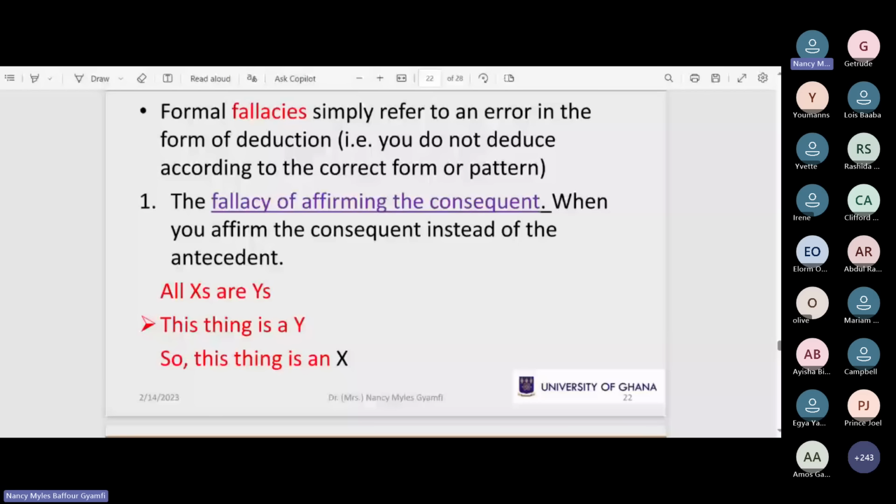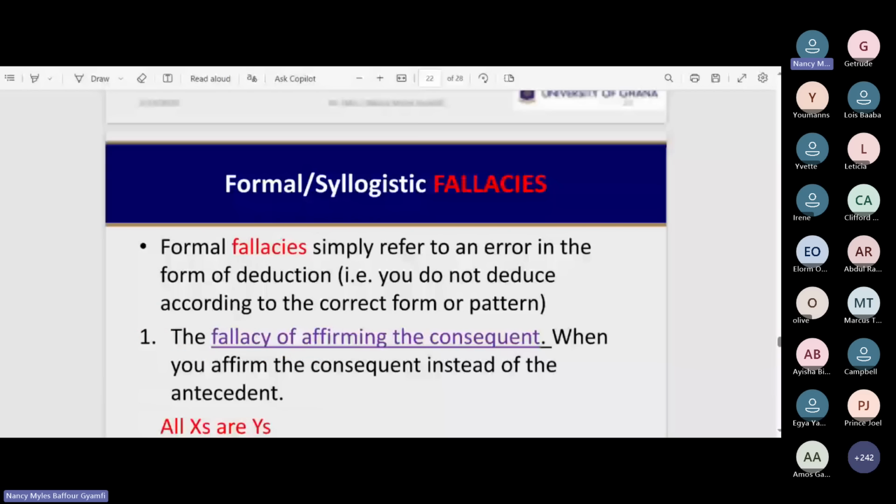I'm trying to show you that it's not the actual meaning that we are using to determine validity. So I could have said all birds are elephants, and my lecturer is a bird. Then it has to mean, therefore, that my lecturer is an elephant, and it will be valid by modus ponens. Just that it is not sound. So just know that the patterns are for validity and not for soundness.